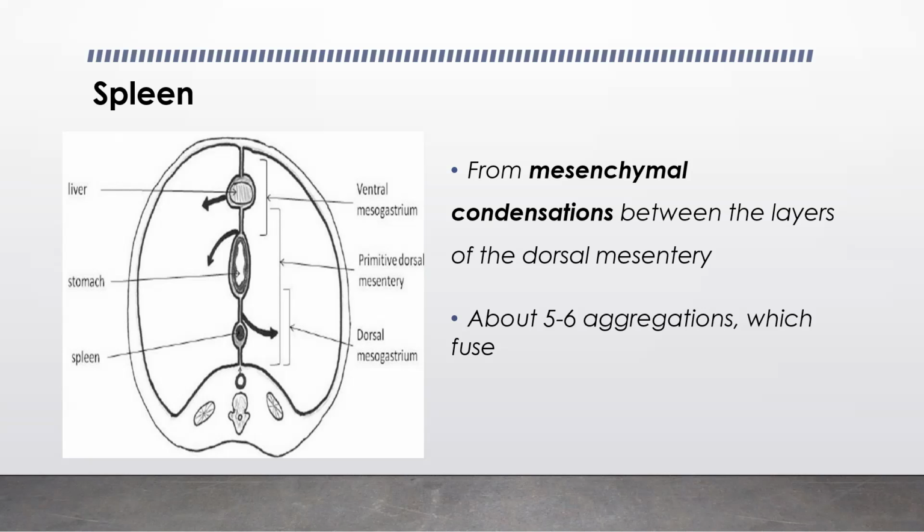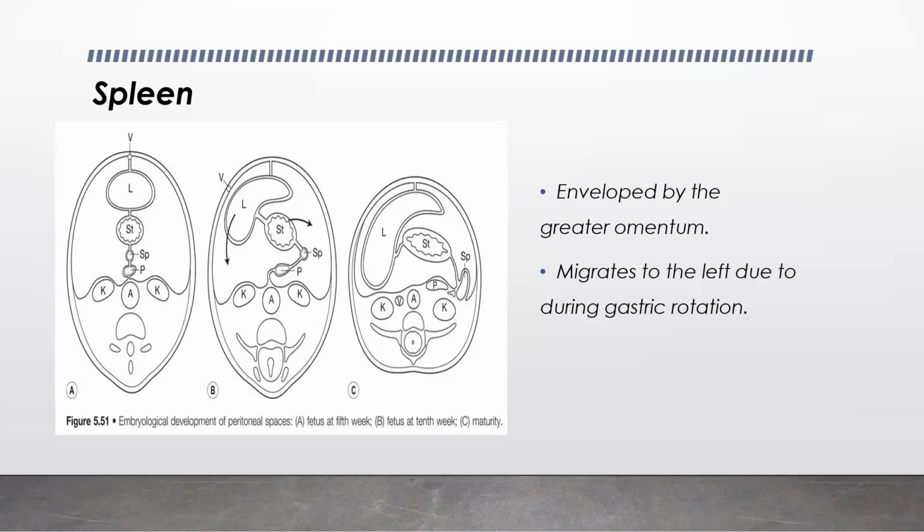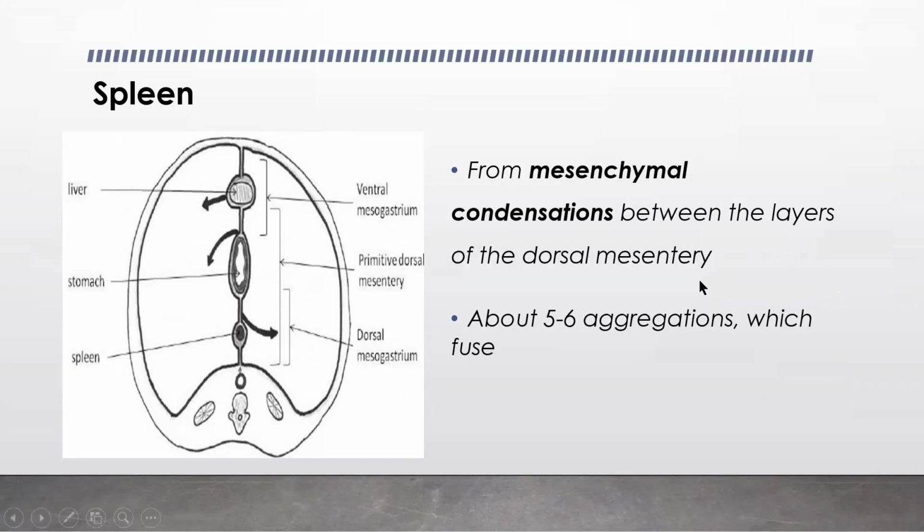That is what happened maybe to your spleen, to my spleen. If they fuse completely, they give us a definitive spleen. That spleen, both the parenchymal aspect and the stromal bit of it, will be formed by splanchnic mesoderm.